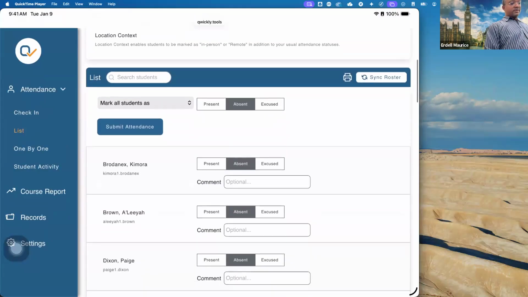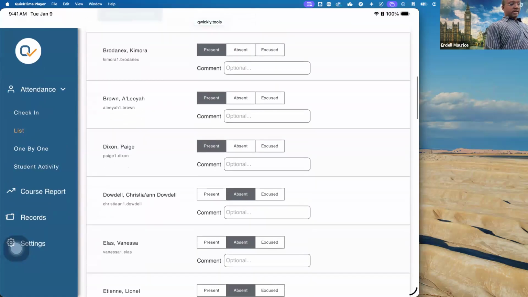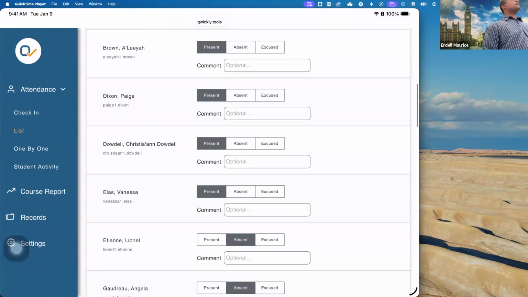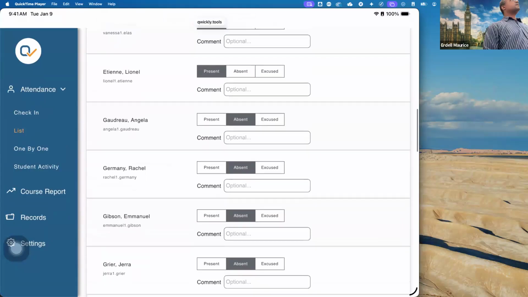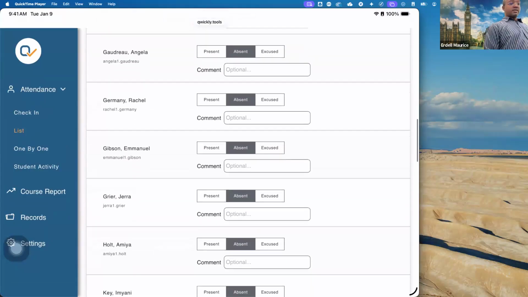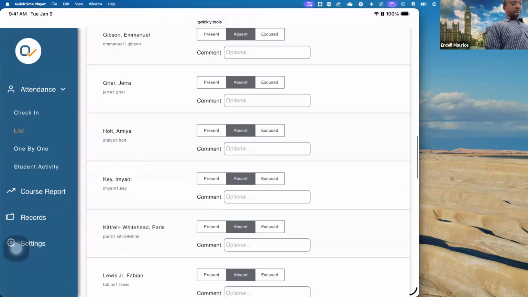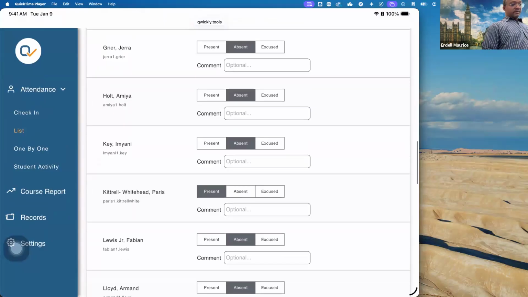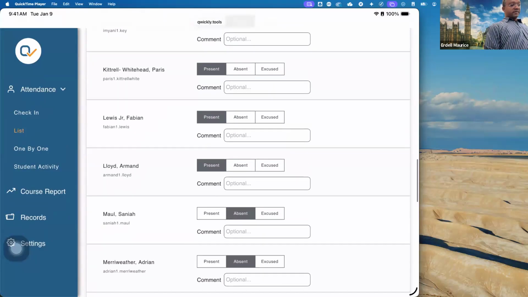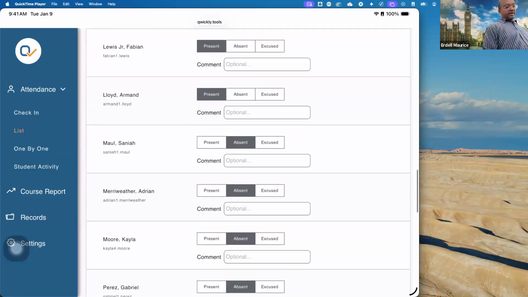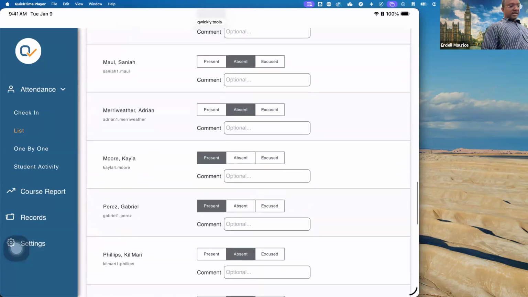Broadband, Brown, Dixon, Dowdell, Elias, Etienne, Gaudreau, Germany, Gibson, Gear, Holt, Key, Catrelli, Lewis, Lloyd, Mao, Merriweather, Moore, Perez, Phillips, Here.